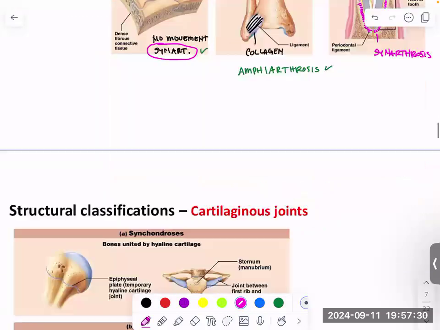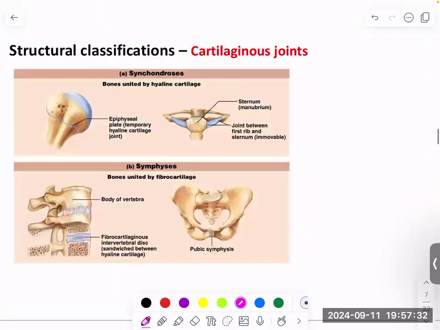The second type of structure, cartilaginous joints. These joints are made of cartilage connective tissue. Which cartilage is going to determine the different types of joints that can occur.